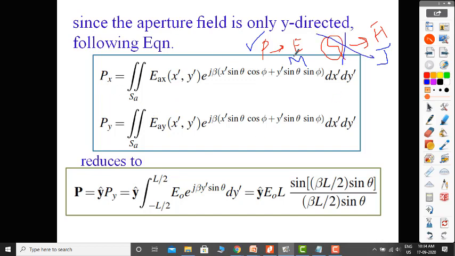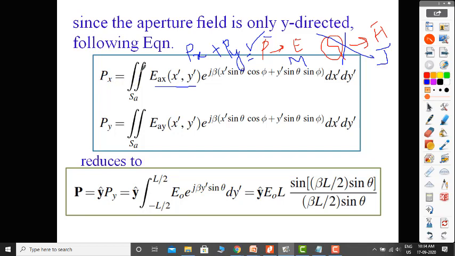Therefore, the P integral has two parts, one is its x component, another one is its y component, because the P integral is a vector which has here two components x and y. Therefore, we have to compute both Px and Py. The x component of the aperture electric field, EAX, corresponds to the x component of the P integral.